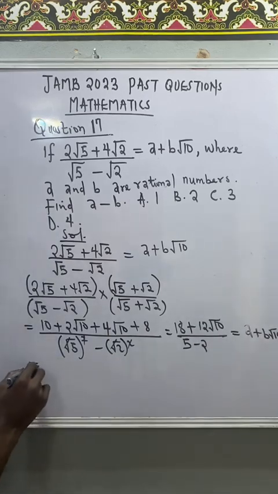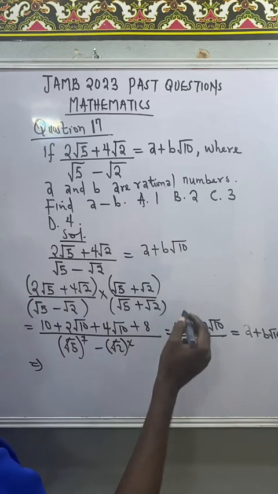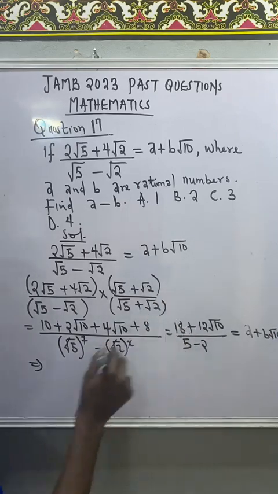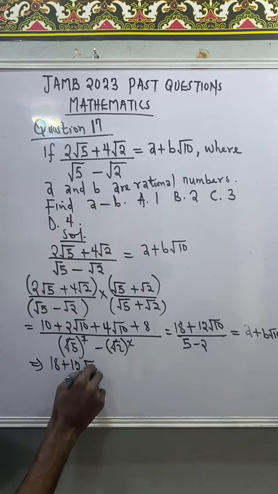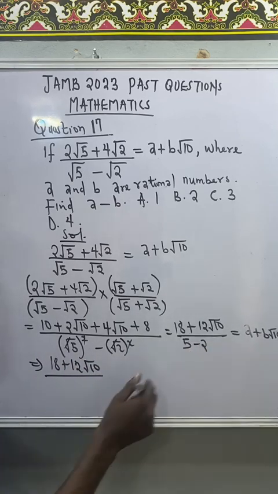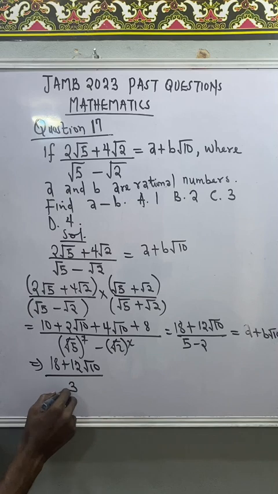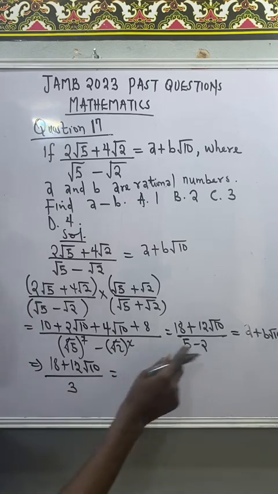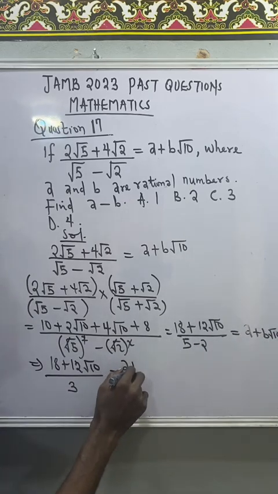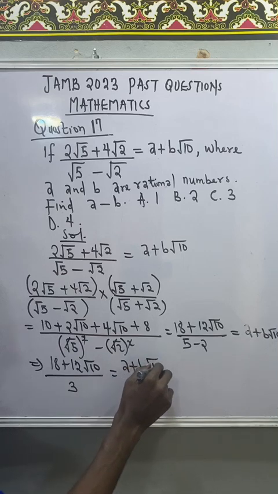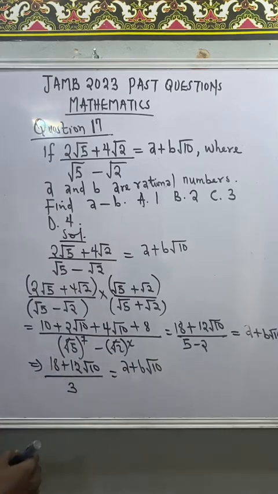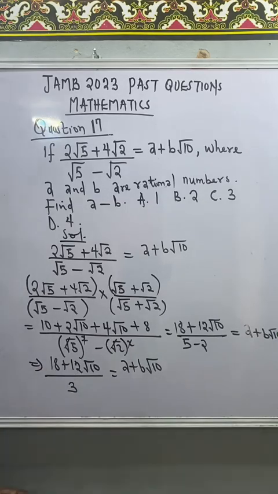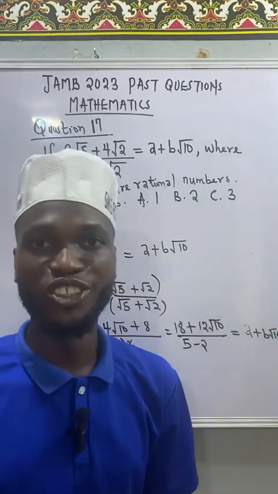Let's move on. Good. Now we have 18 plus 12 root 10 on top, all over 5 minus 2. That will give me 3. This is now equal to a plus b root 10. Now we can share this denominator for both parts of the numerator.